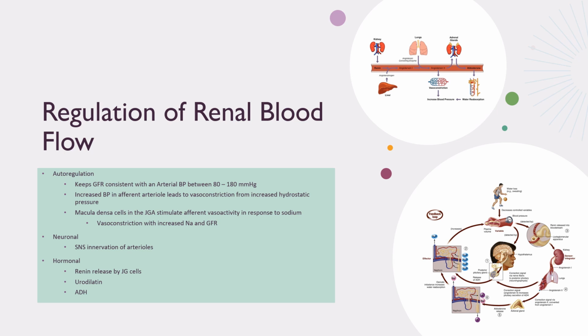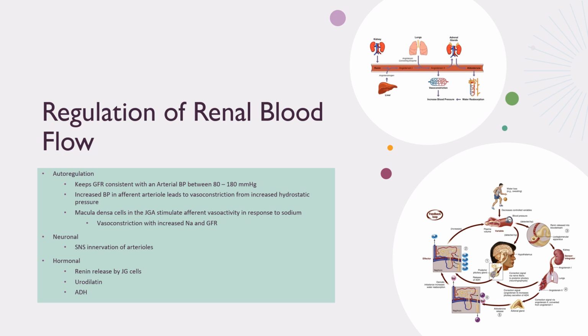Renal blood flow is complex and regulated by multiple forces. Autoregulation is the ability of the kidney to maintain blood flow independent of other organs and systems. This functions to maintain a fairly constant GFR over a range of arterial systolic blood pressures between 80 and 180 millimeters of mercury. Macula densa cells stimulate the afferent arteriolar vasoactivity in response to sodium concentration.